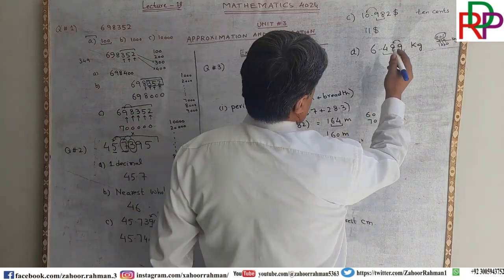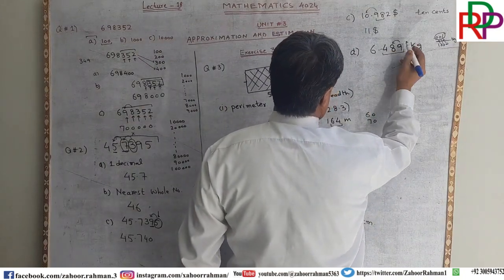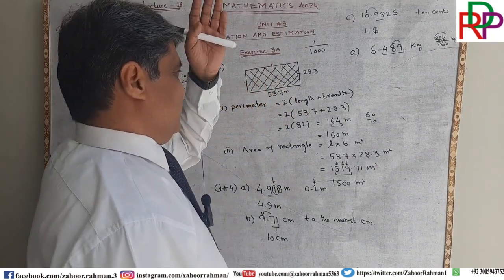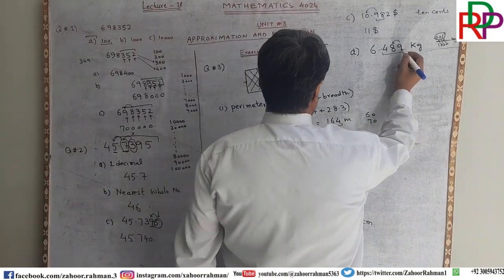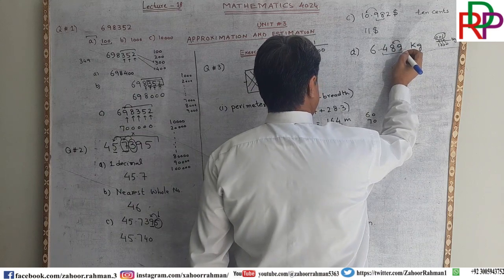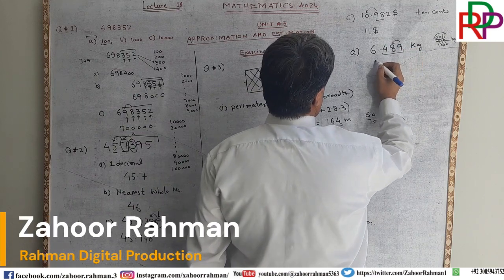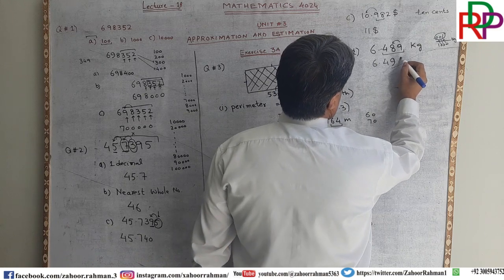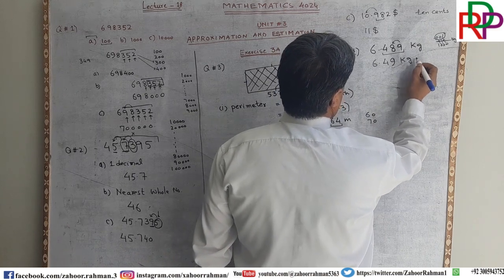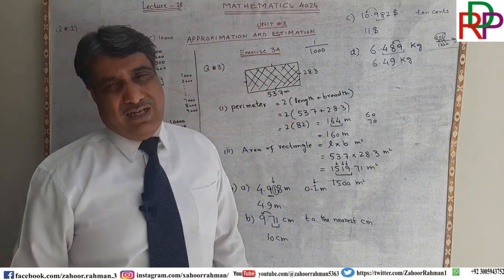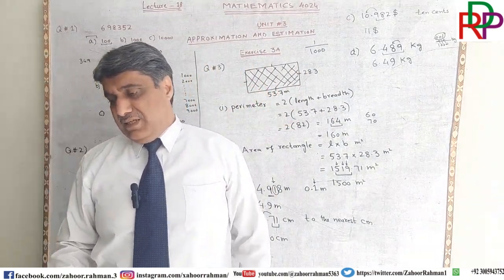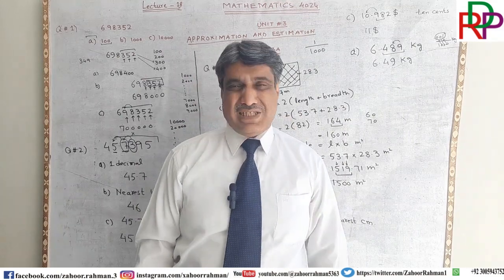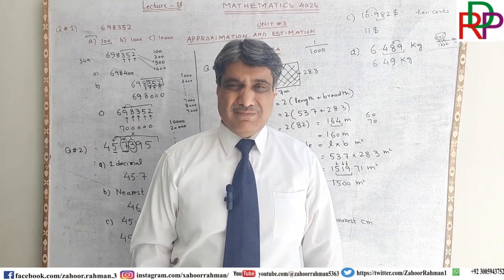When we are rounding these 3, we have to see the last digit, and that is equal to 9. Because it is greater than 5, it will give 1 to the 8, and as a result we will get 6.49 kilogram. This was the whole story about question number 4.